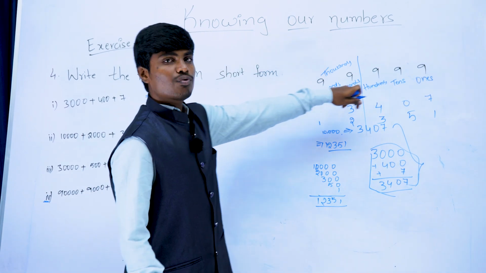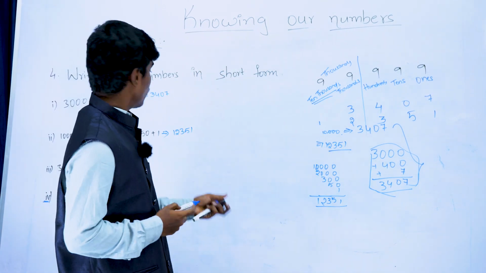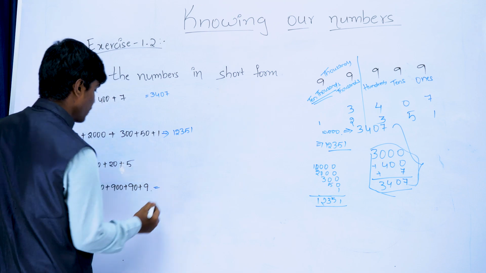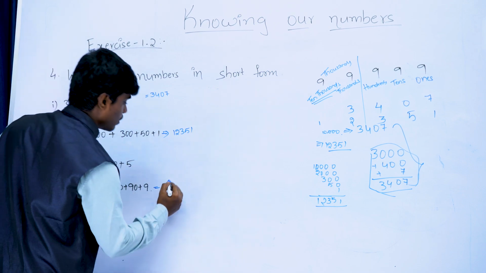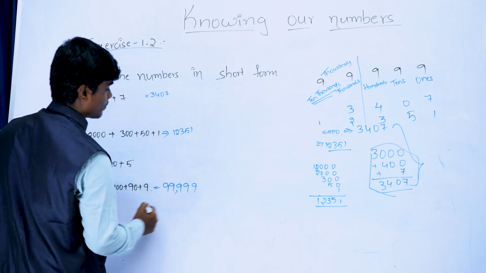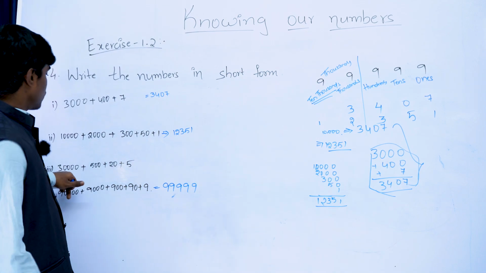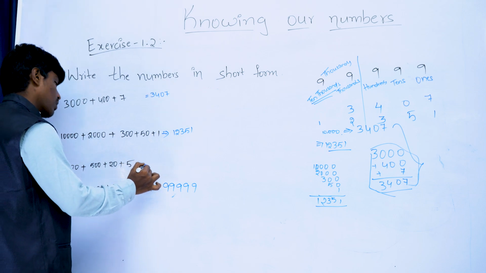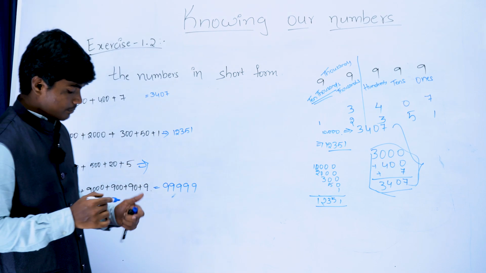So the short form of the expanded digit is 99,999. Now you try to solve the third problem.